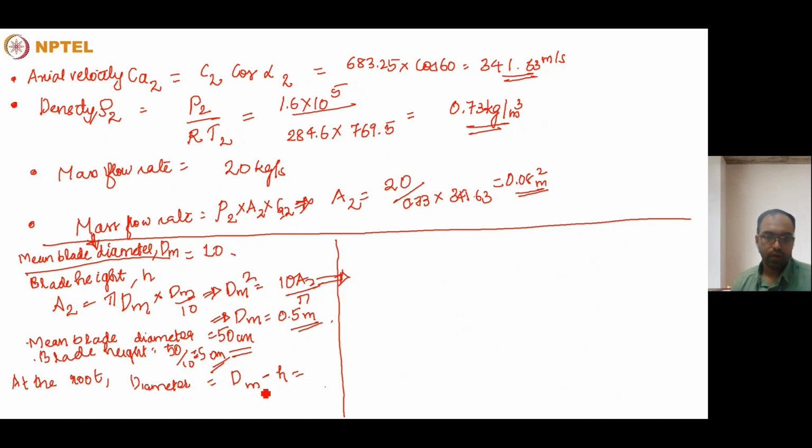So that will be giving the diameter of the root, mean diameter minus height. So it will be 50 minus 5, 45 centimeter. And at the tip, at the extreme point, at the outermost point, diameter of the tip is equal to dm plus h, equal to 55 centimeters.